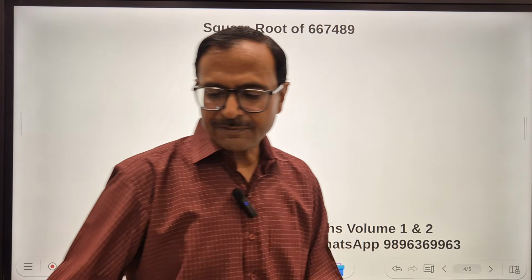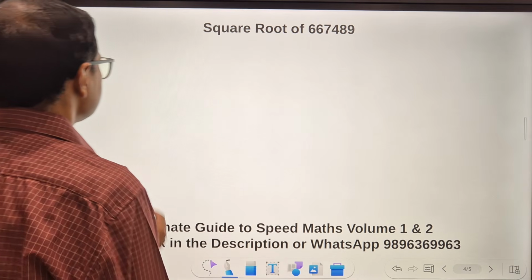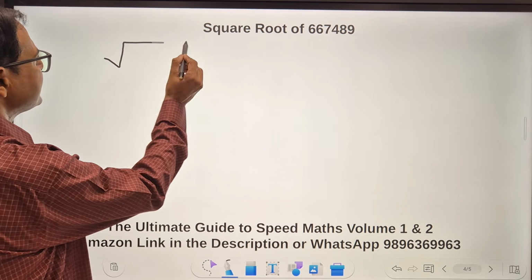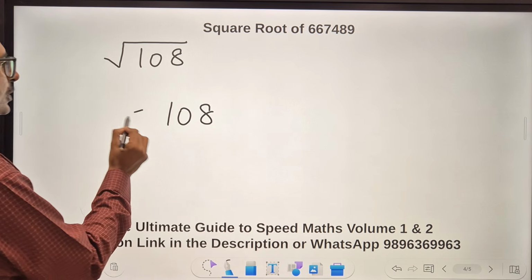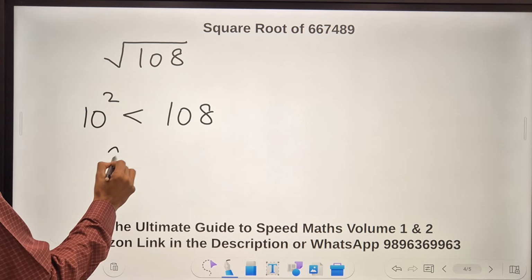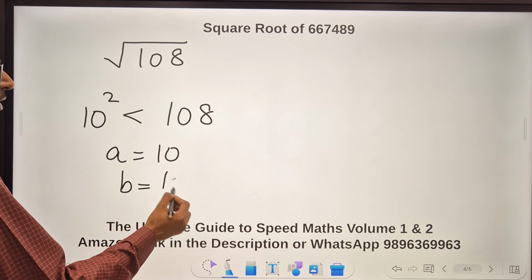Okay, let's take one more example so that we can conclude this. Suppose square root of 108. Now 108 is very close to 10 square. So the value of A becomes 10 and the value of B is the number itself, 108.